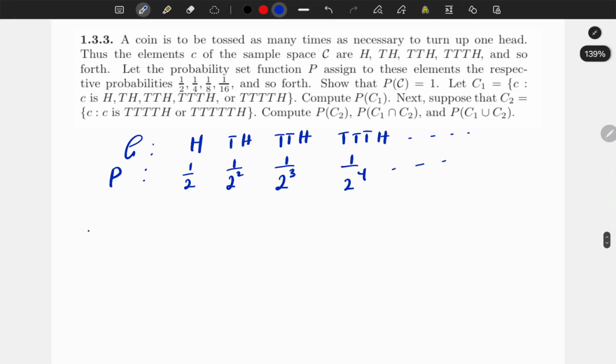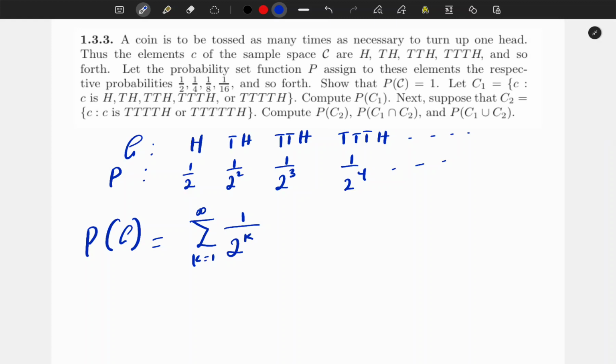So we have to look for the probability of the whole sample space, and that will be the summation of k equals 1 to infinity of 1 over 2 to the k. Since our probabilities form a geometric series, we have an infinite series.